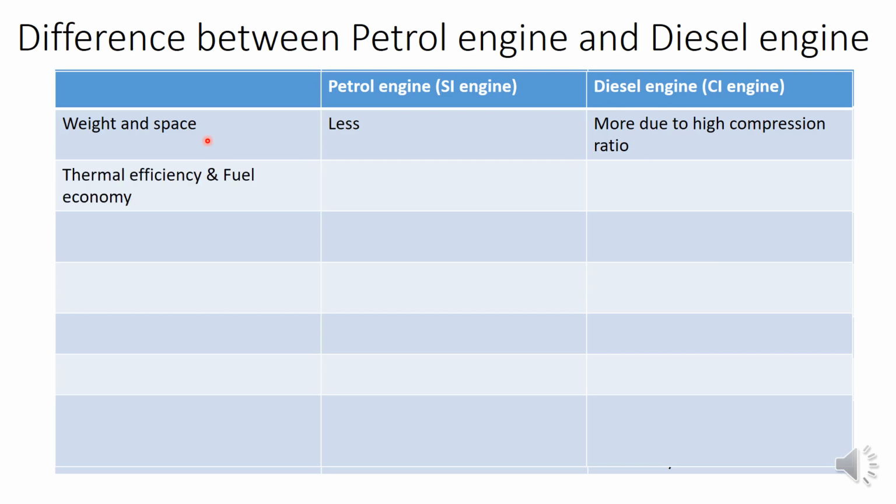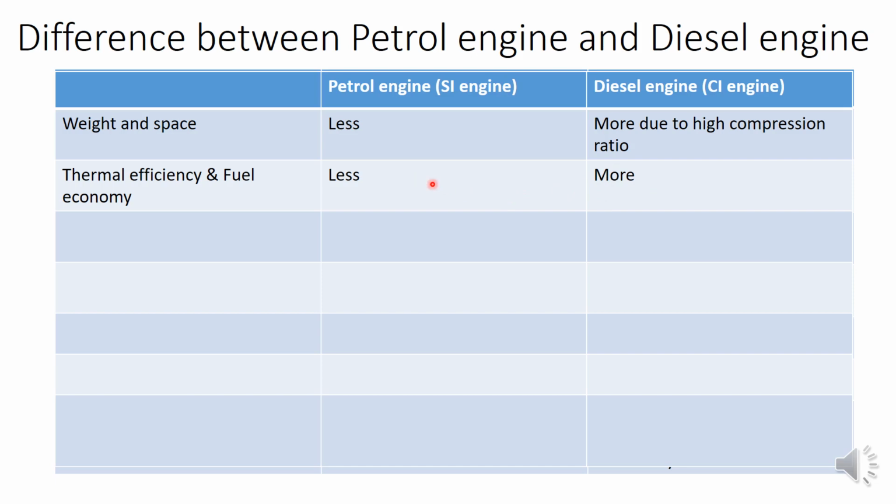And similarly, thermal efficiency and fuel economy. So both are related. If efficiency is more, it will have better fuel economy. So petrol engine has less fuel efficiency and economy, whereas diesel engine has more efficiency and economy. Why is this? Mainly due to the high compression ratio.